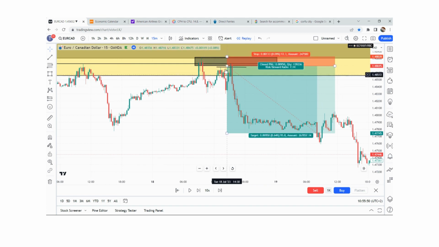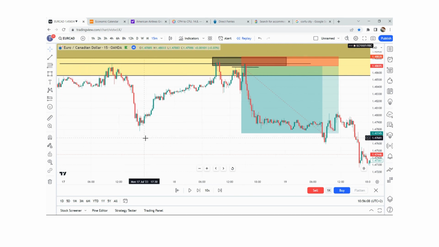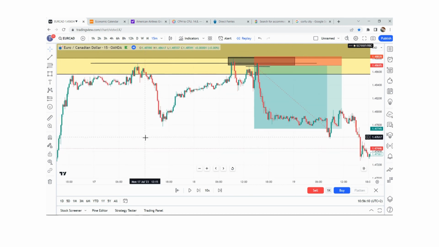Then they create liquidity for the smart money to sell right into their big orders. And as you can see, price broke this one, and when it broke, it tapped into the 15-minute supply zone and it dropped very quickly. So this is how I trade supply and demand combined with price action and liquidity.